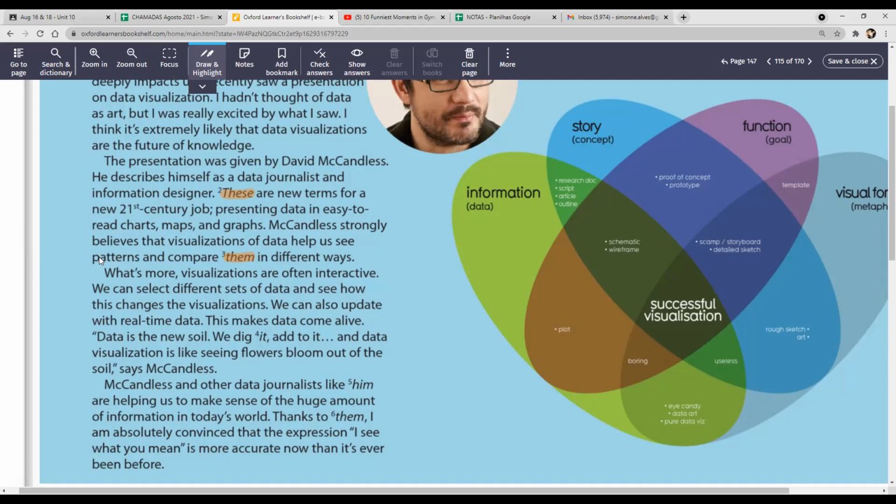Compare the patterns, okay? So patterns are sets of data that repeat themselves. If something repeats in a certain way, it's a pattern. So it creates a pattern. So that's why here they say visualizations of data help us see patterns and compare them in different ways.